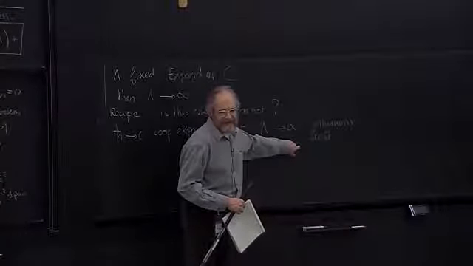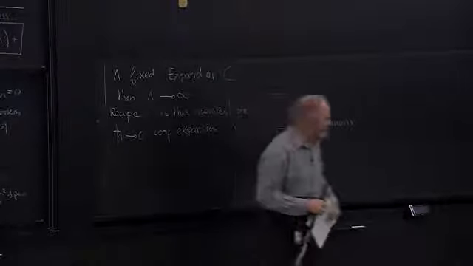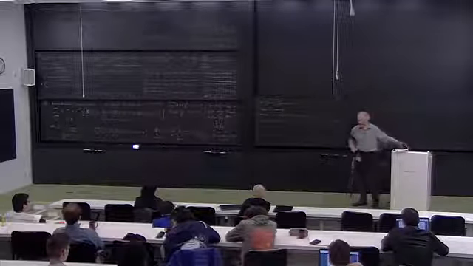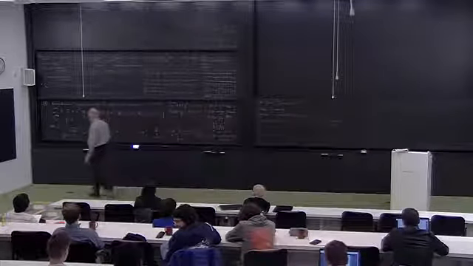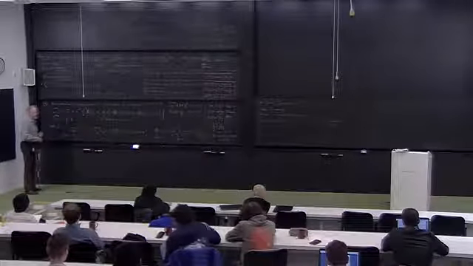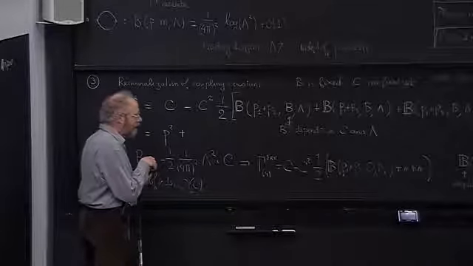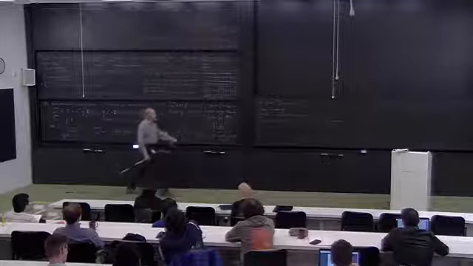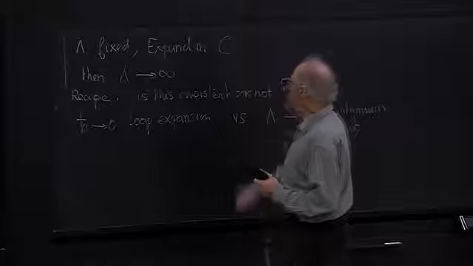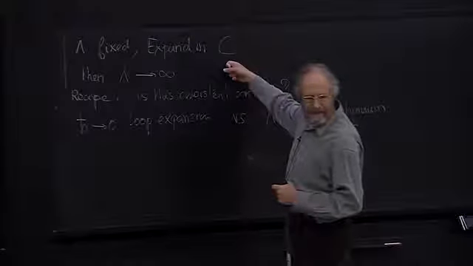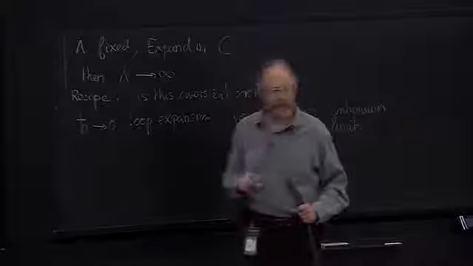But you might object that this is not what should be done. Yeah, no, my point is just that what you're doing there is an expansion in m over k, for k big, so something like m over lambda. Which doesn't actually go to 0 if you take lambda to infinity. You need to take c to be small. Yeah. No, but that's what I'm doing. First, I'm assuming that lambda is big but fixed. I expand in C. I keep the term of a given order in C. And then I make lambda go to infinity.